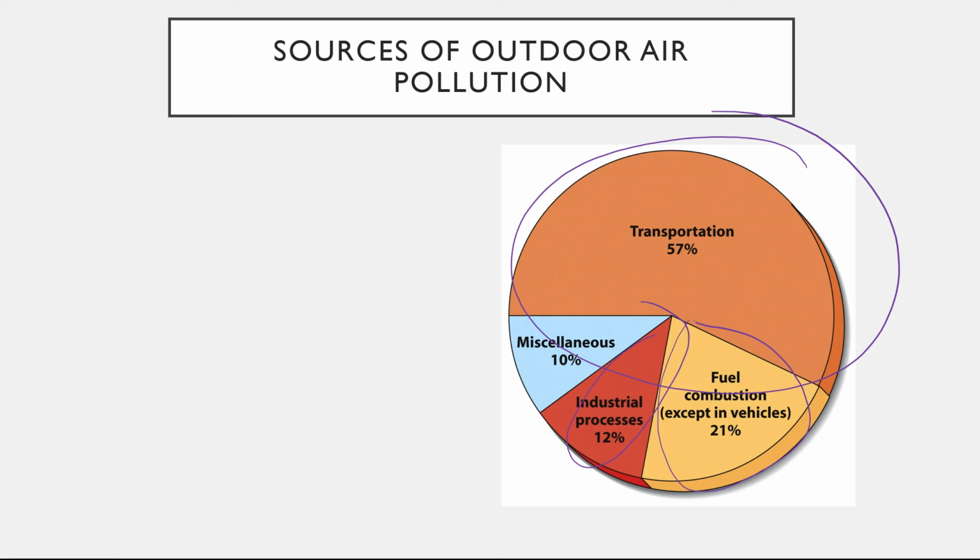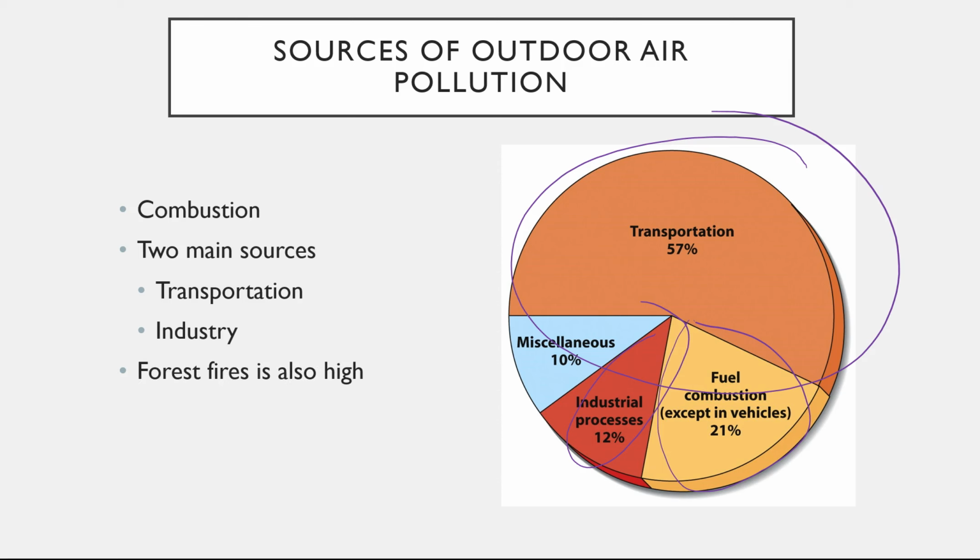When you take all those into consideration, the vast majority of air pollution comes from the combustion process, whether it's done for transportation, for electricity production, or for heating of homes. The vast majority of our air pollution comes from some type of combustion. Forest fires, of course, during certain times of the year can contribute, but then again, forest fires are combustion.